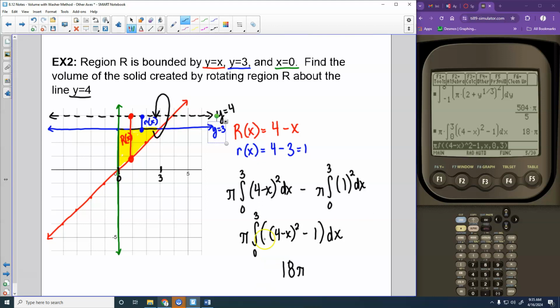Okay. If you get your capital R and lowercase r, it's not a lot different than yesterday, but the capital R and lowercase r is the hard part on this for sure.